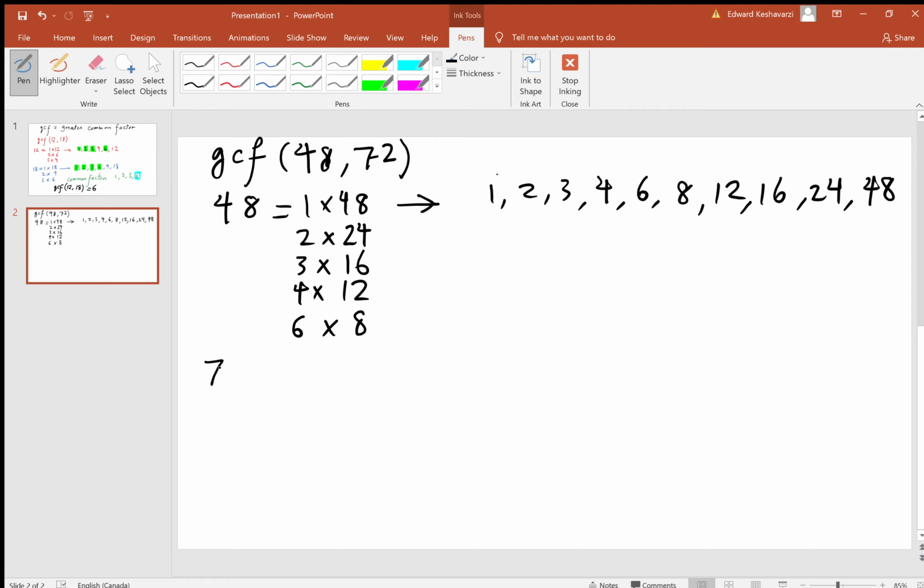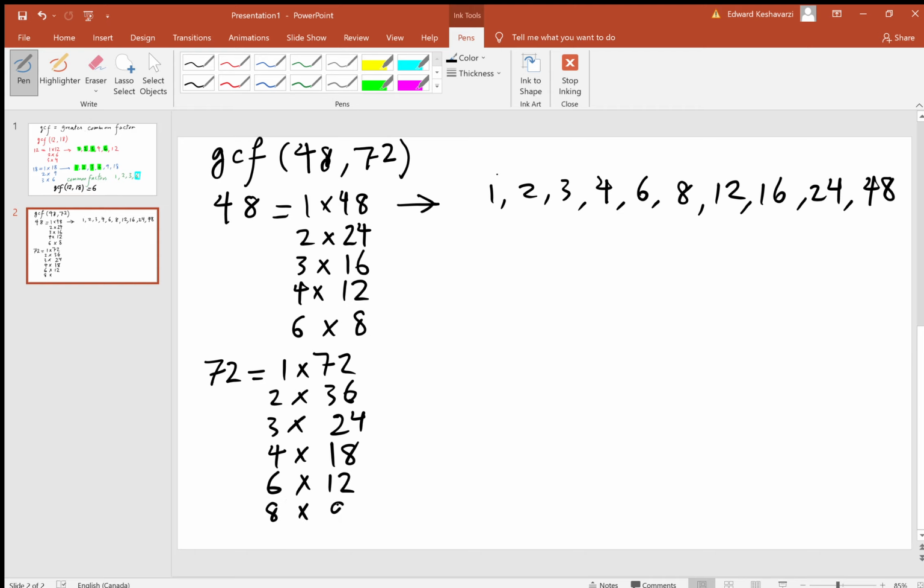So 72 likewise is equal to 1 times 72, 2 times 36, 3 times 24, 4 times 18, 6 times 12, 8 times 9.